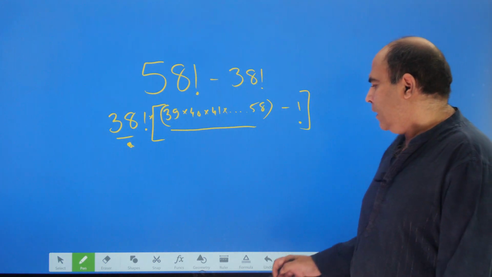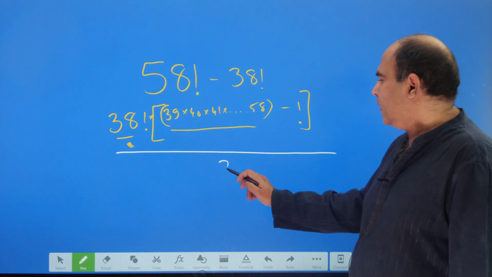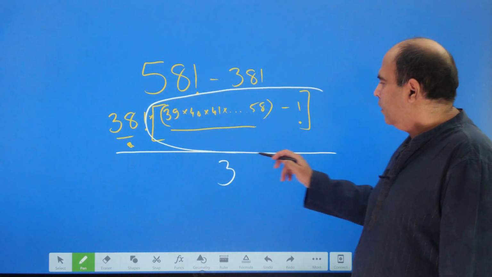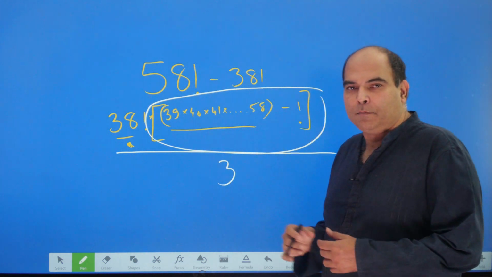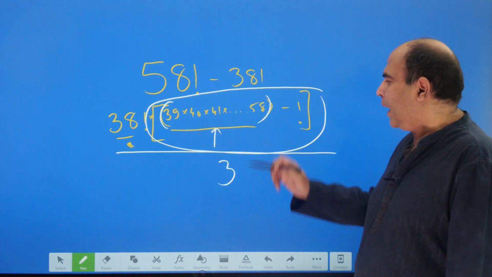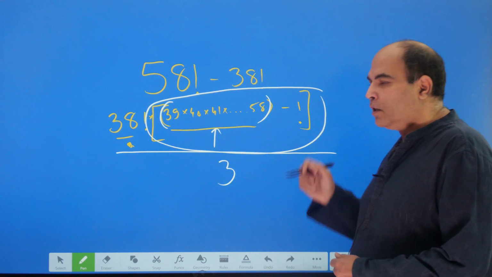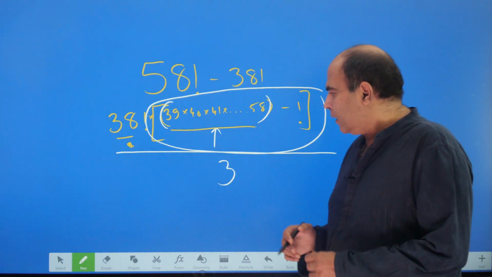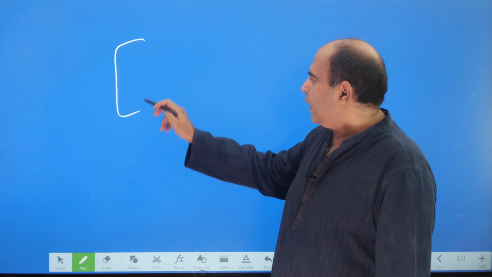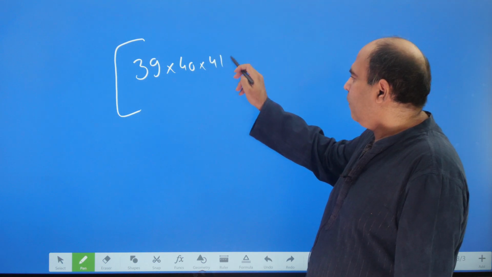Now when I am dividing an expression like this by 3, the part inside the bracket is a multiple of 3. But because there is a minus 1 on it, that whole bracket is not going to get divisible by 3. That bracket is 39 into 40 into 41 and so on.